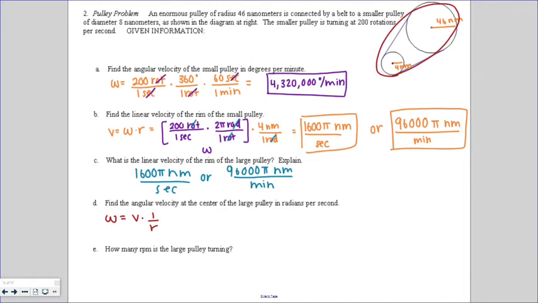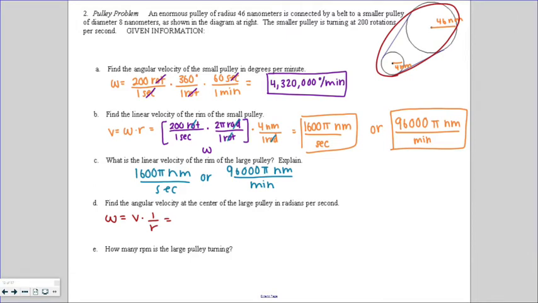So in order for us to find the angular velocity of the large pulley, we're going to calculate the angular velocity of the large pulley at the rim, because that's where the linear velocity is that we have. And then what we know about the same concentric circle system is that the angular velocity is the same everywhere. So if we find the angular velocity at the rim, it's the same at the center as well.